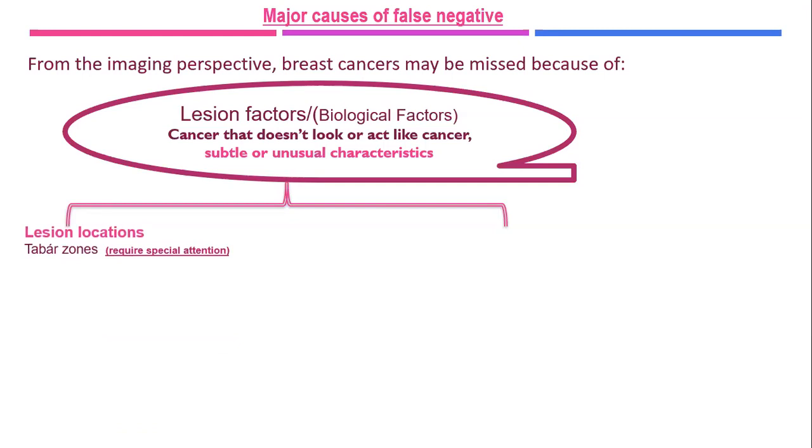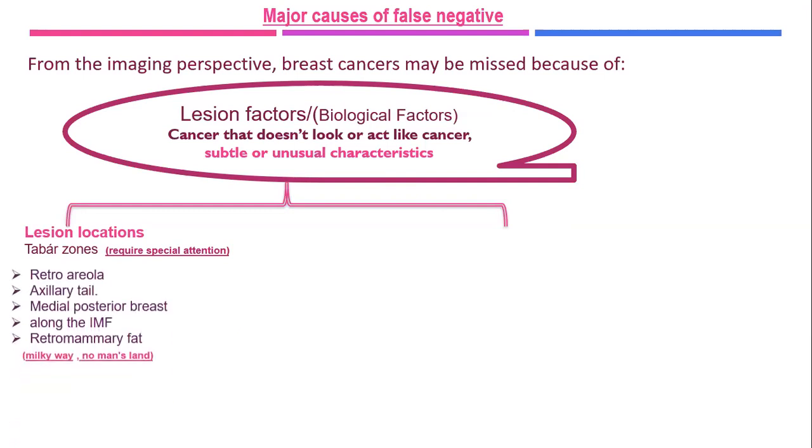If you remember, we talked before about the blind zones or review or forbidden zones, which require special attention and to review the mammogram after you read the first reading. And these include the retroareolar area, axillary tail, medial posterior breast, along the inframammary fold, and retromammary fat. You remember the Milky Way and no man's land, and especially if associated with a single view abnormality.